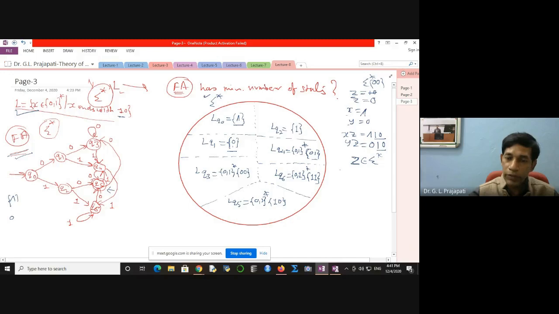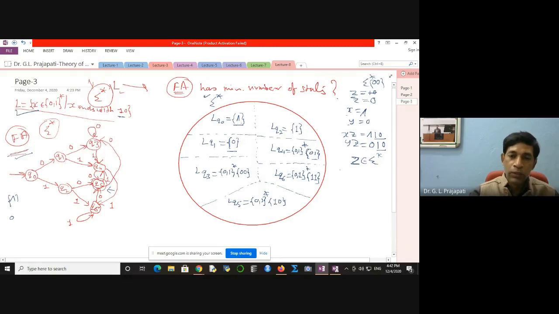Your FA should not distinguish the null string and the string 0. For all such strings it should go to one place, meaning they come in one equivalence class.